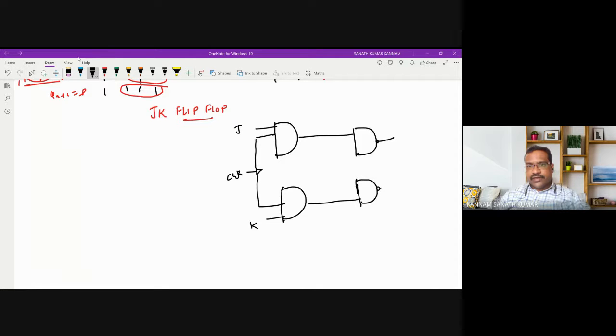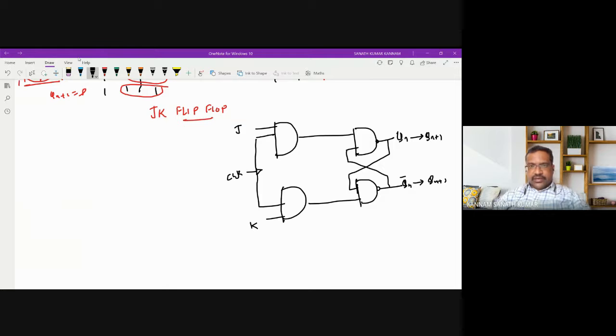So this will be feedback. And Qn is the present state, Qn bar is the complement of the present state, and Qn plus 1 is the next state, and Qn plus 1 bar is the complement of the next state.